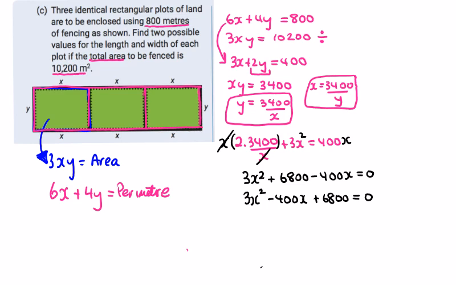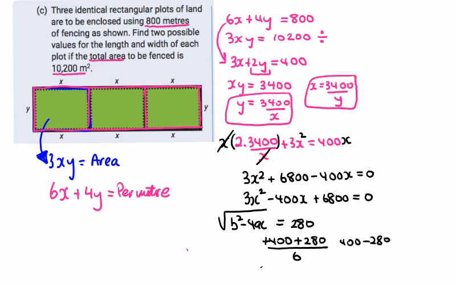So I'm checking the square root of b squared minus 4ac first. When I put that in, it's giving me 280, so it works out evenly. So I have minus b, minus minus 400, so plus 400 plus 280 over 2a, and I have 400 minus 280 over 2a.